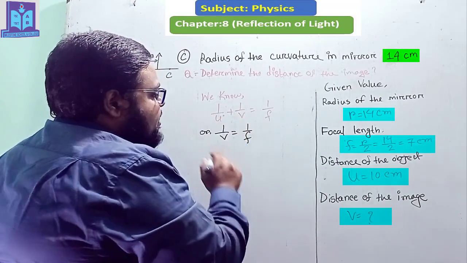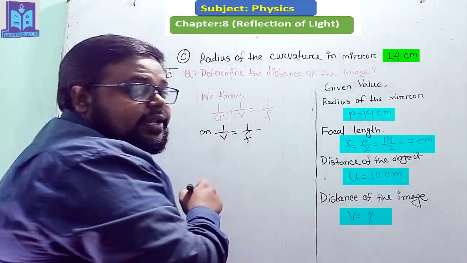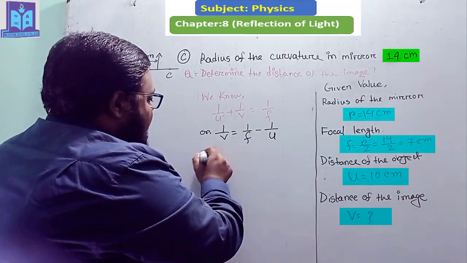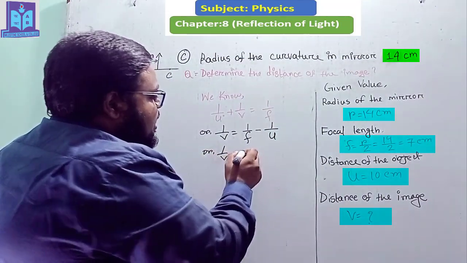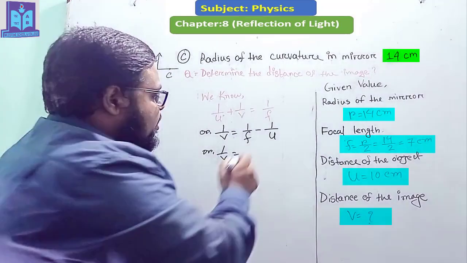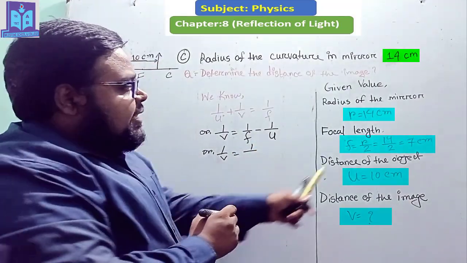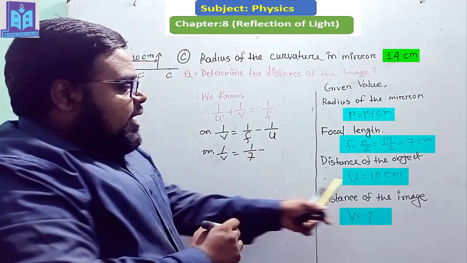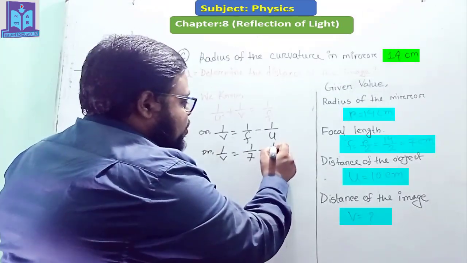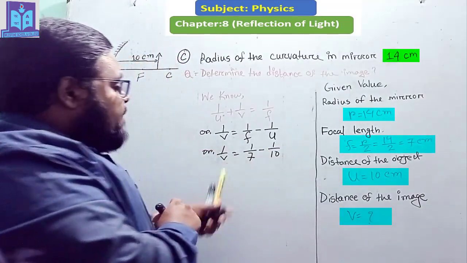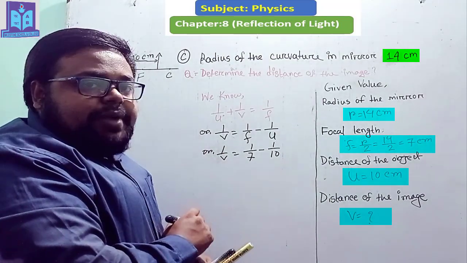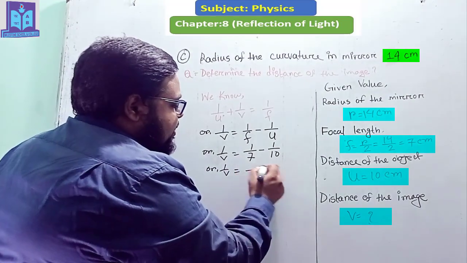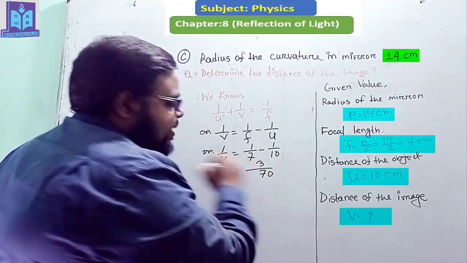If I move this, then the sign will change. Now if I put the values in this equation, f equals 7 and u equals 10, so 1 by 7 minus 1 by 10. If I put this in my calculator, then I will get 3 by 70.